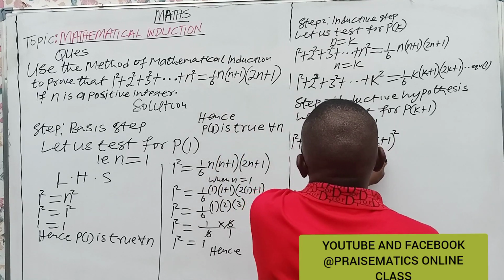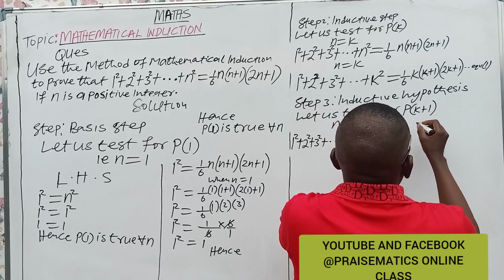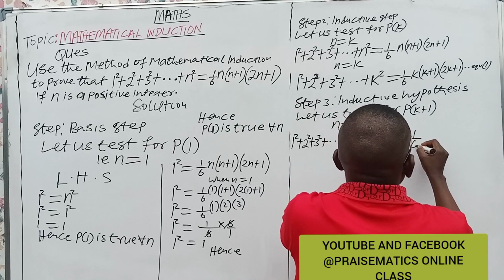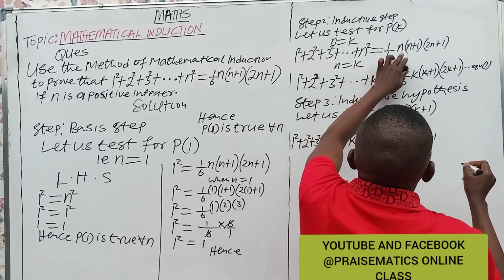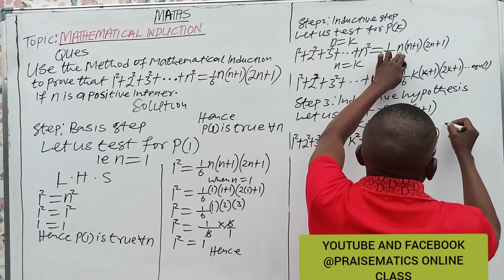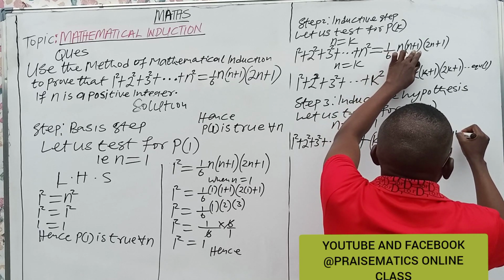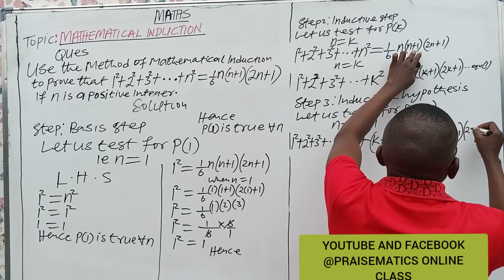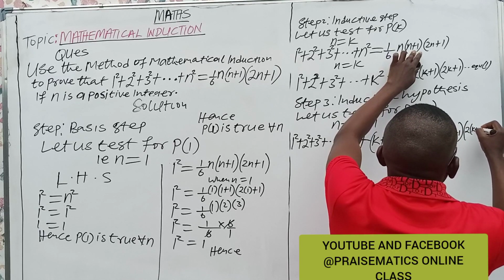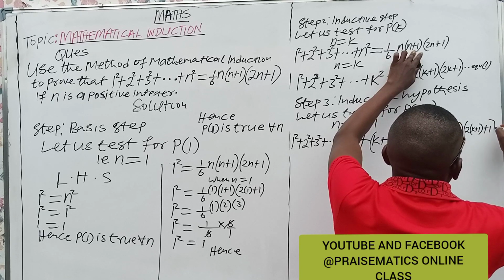This is equal to 1 over 6 into (k plus 1). Anywhere you see n, call it k plus 1. Into (k plus 1 plus 1), close it, into 2 bracket (k plus 1), close it, plus 1, close it.